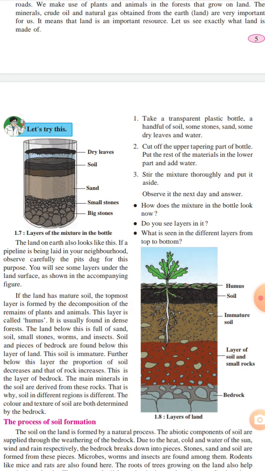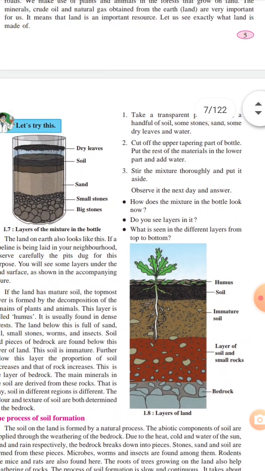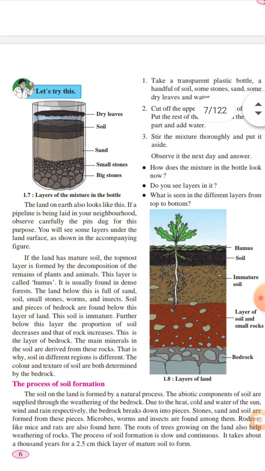Observe it the next day and answer. So, take a transparent plastic bottle, add stones, sand, dry leaves and water, stir them and put it aside, and after one day observe and answer the questions.